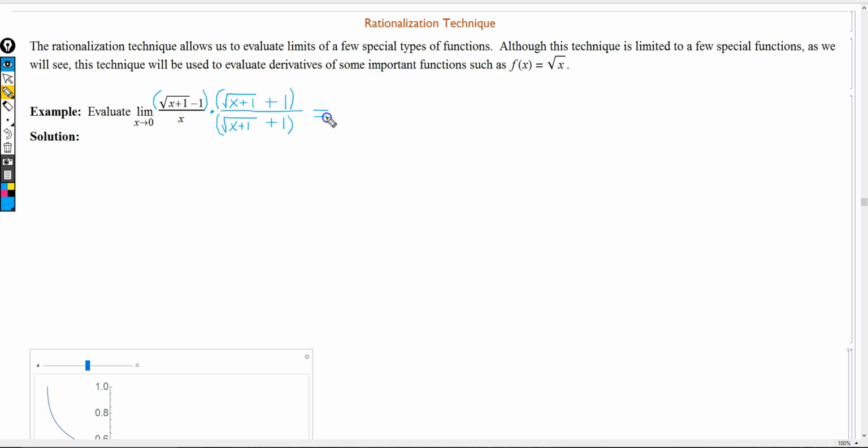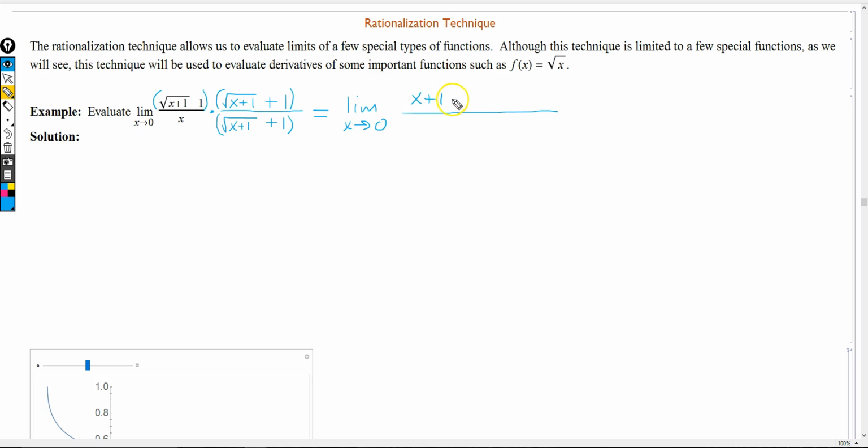Now, when we FOIL out the numerators, what we get is root x plus 1 times root x plus 1, that's going to give me x plus 1. Now notice that when I go root x plus 1 times 1 plus negative 1 times root x plus 1, those are going to cancel.